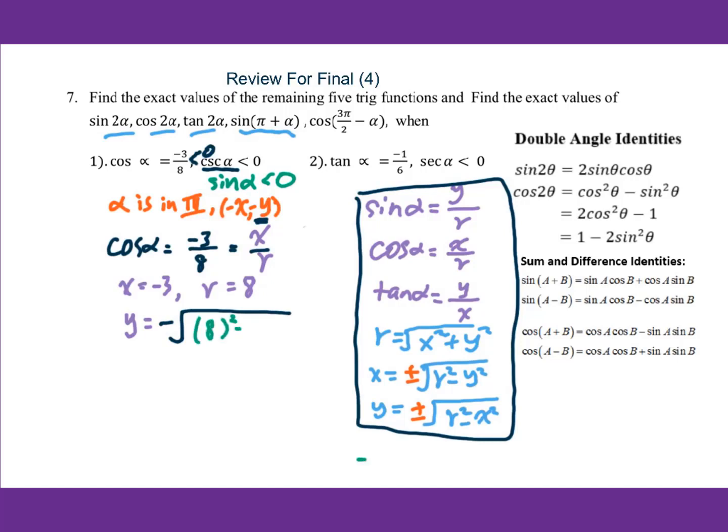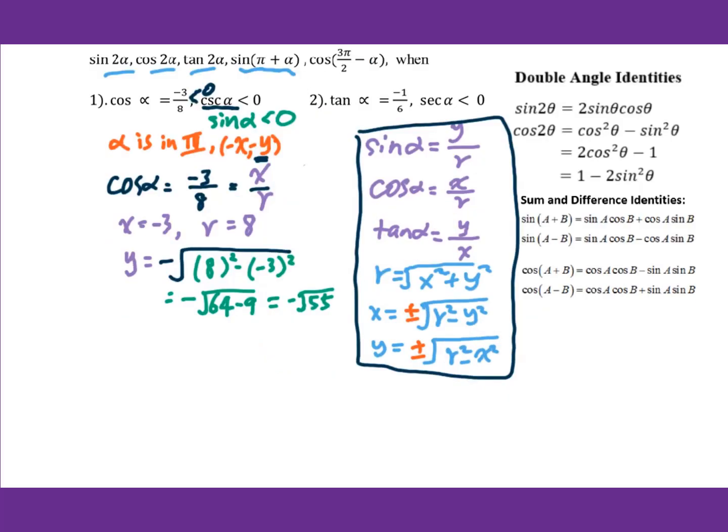8 squared minus negative 3 squared. You will get negative square root of 64 minus 9. That is negative square root of 55. We need to figure out sine alpha equals y over r, which means negative square root of 55 over 8.